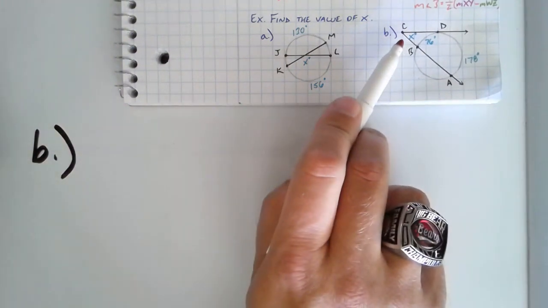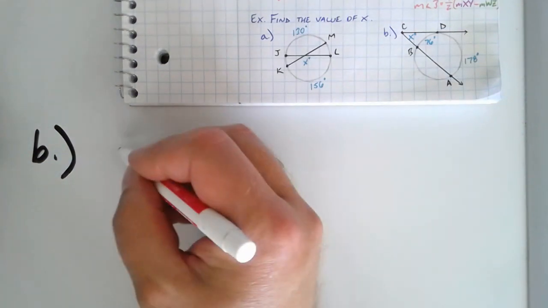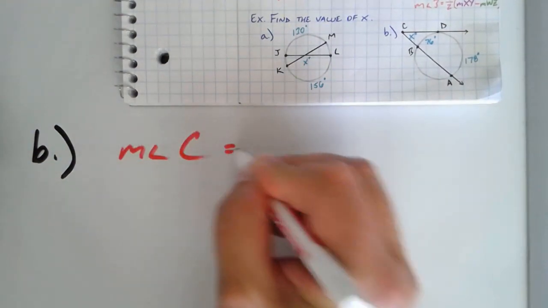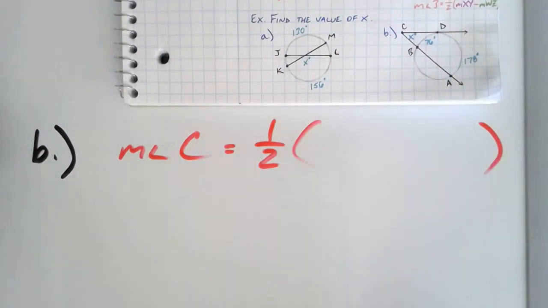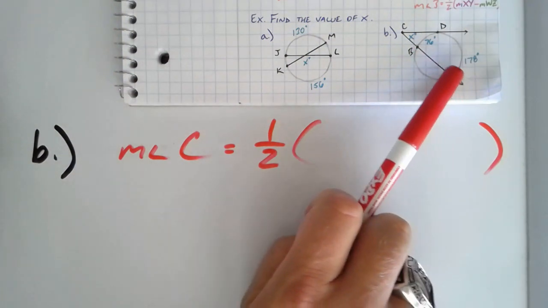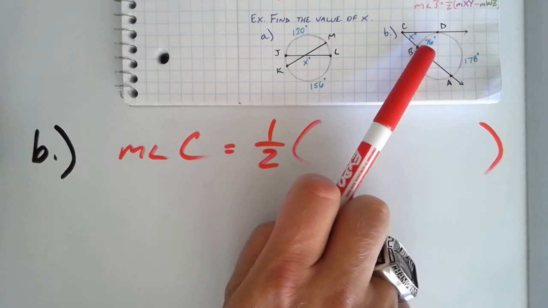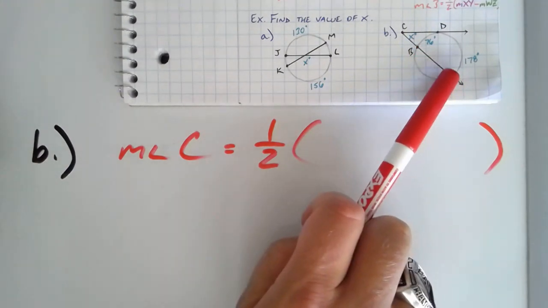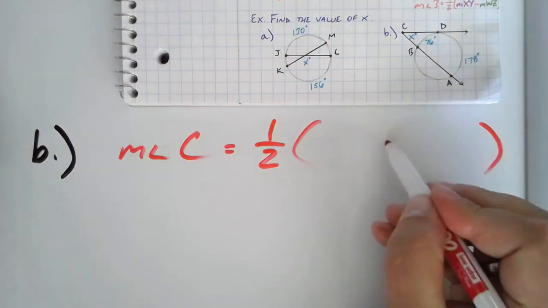The measurement of this angle on the outside, which in this case now has an actual name, that's measurement of angle C, is again going to start by multiplying 1/2 by something. And those somethings, in this case, again, I have two arcs that are created on the inside of that angle. Okay. So in this case, now because the angle is on the outside of the circle, these somethings are going to be subtracted.